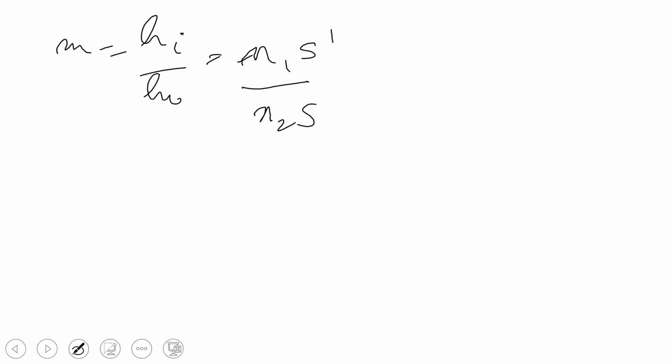Here we are going to put a net negative sign because another part of the sign convention is to introduce a negative sign whenever the image is inverted, right? Because if the image is inverted, this height of the image, you're measuring it below the axis, and below the axis would be negative.